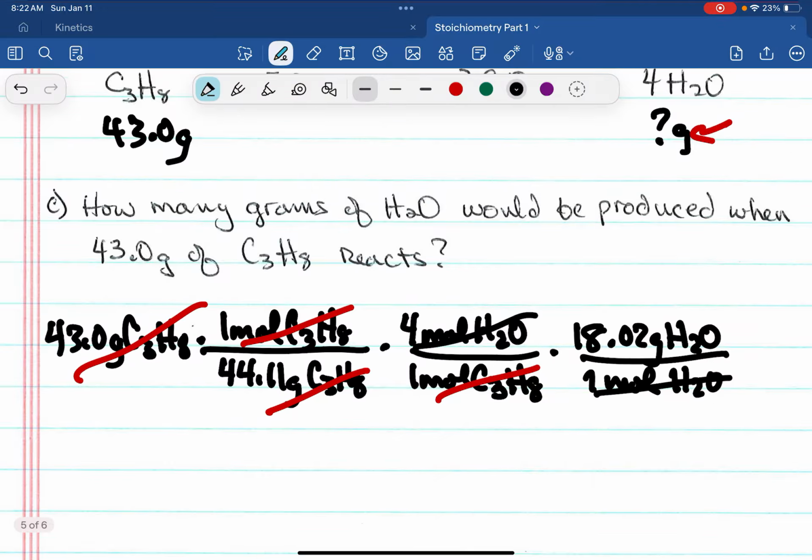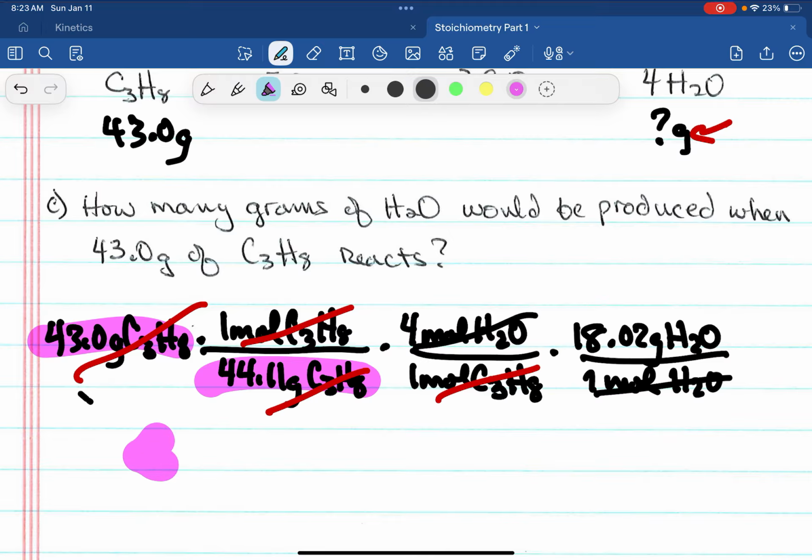equals. Now, before we solve this problem, I like to sometimes estimate an answer, so if I do hit a button wrong on the calculator, I'm going to know it right away. Okay, so 43 over 44 is just less than 1.